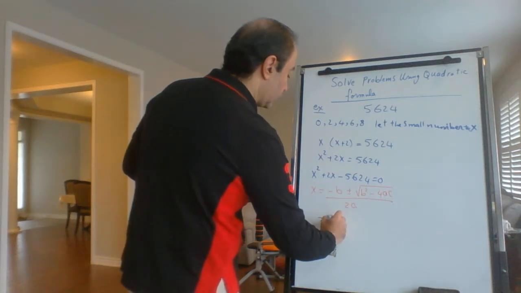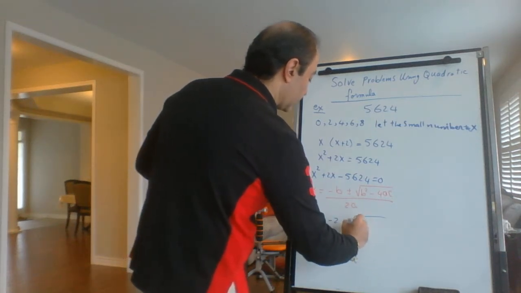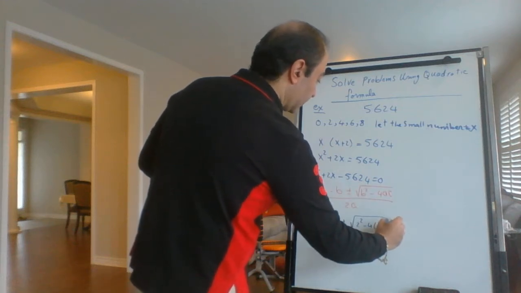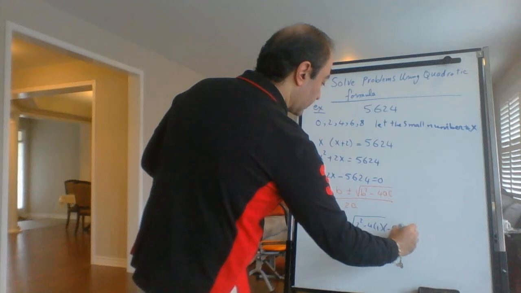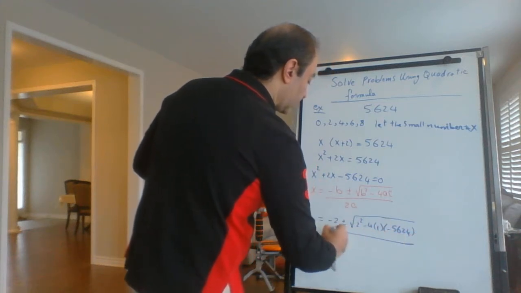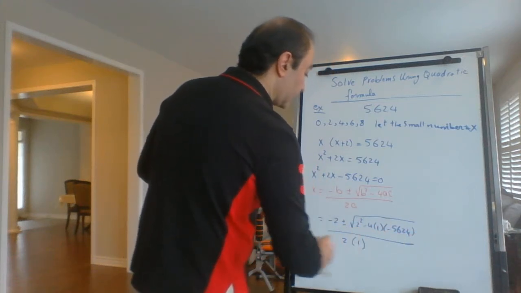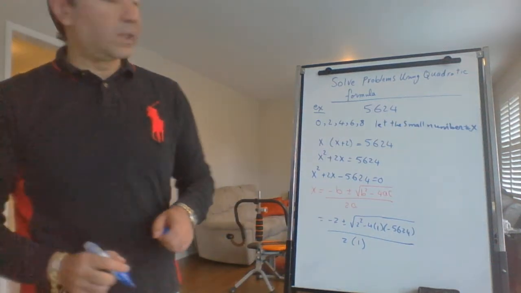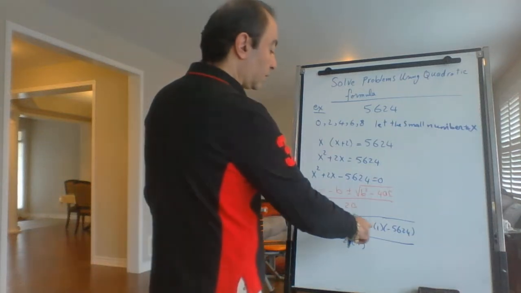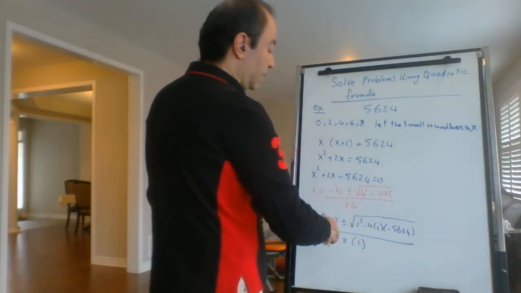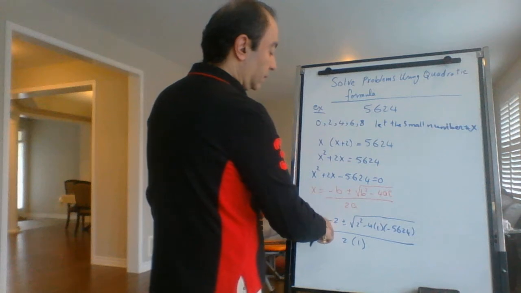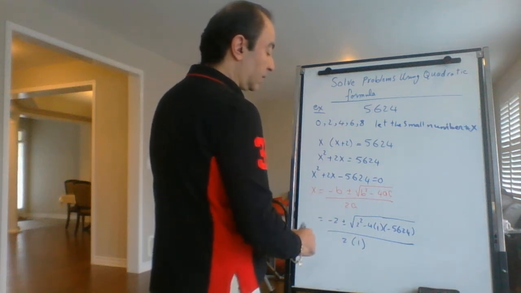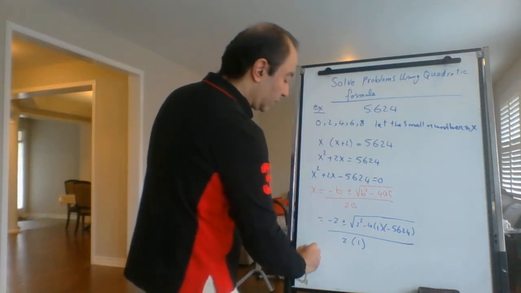So minus 2 plus or minus the square root of 2 squared minus 4 times 1 times negative 5624, over 2 times 1. What you do when you have something like this is calculate whatever is inside first, then you add or subtract, you separate those, and then you divide by 2. This will give you two values for x.